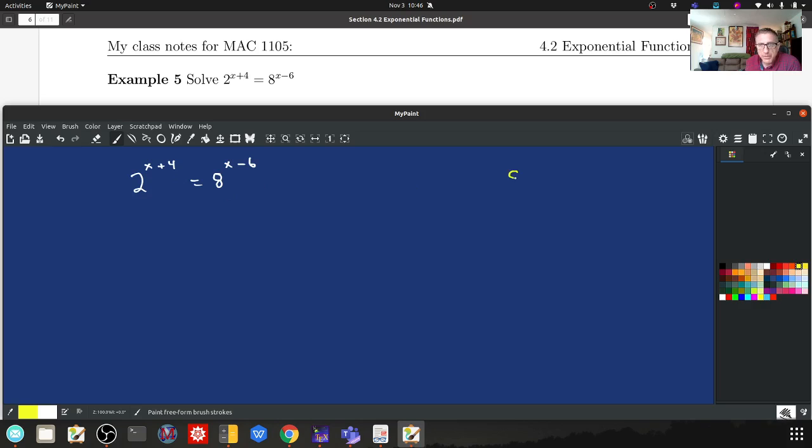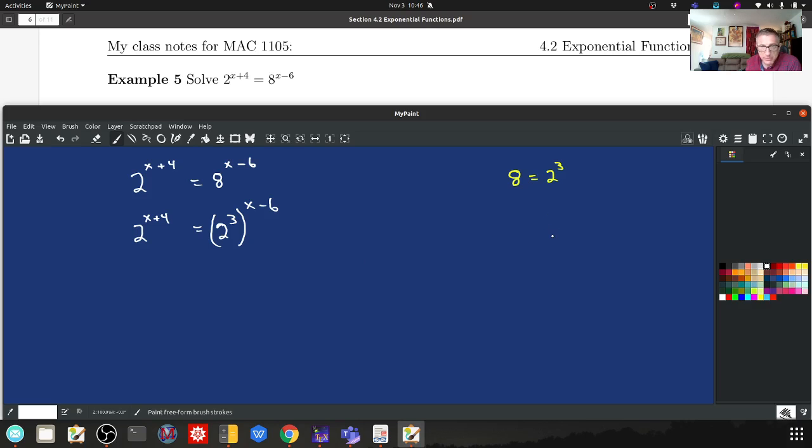So I will note that 8 is equal to 2 cubed. So that's exactly what I'm going to do here. 2 to the x plus 4 is equal to 2 cubed, that's my base, because 8 is my base, raised to the x minus 6.